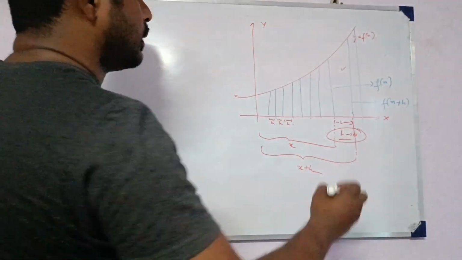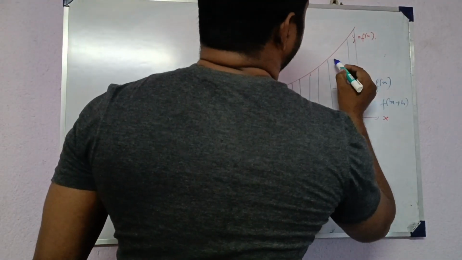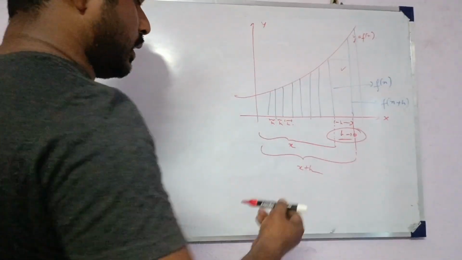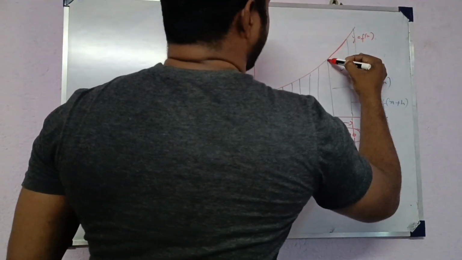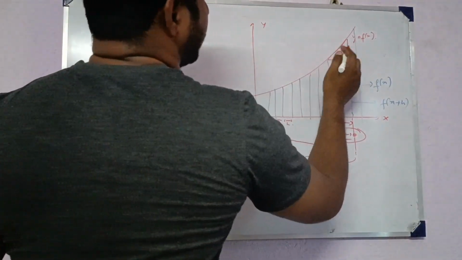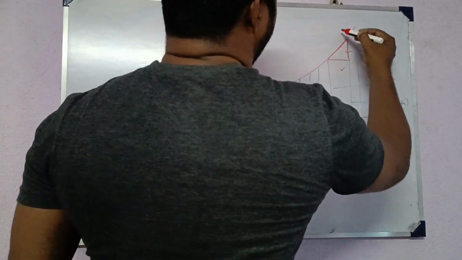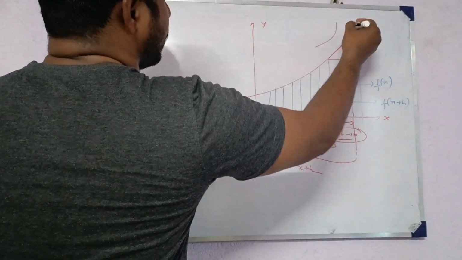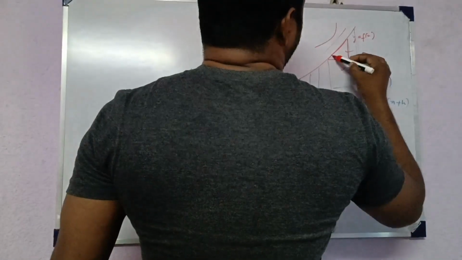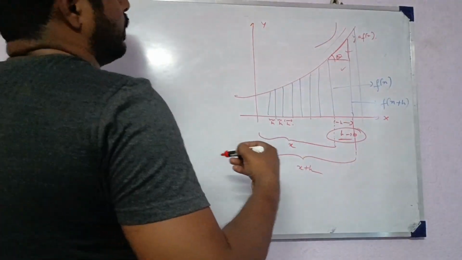Now if I connect this line, we are getting a kind of triangle, as these are very close to each other. This curved line may be considered a straight line, as they are very close to each other, having the angle theta.